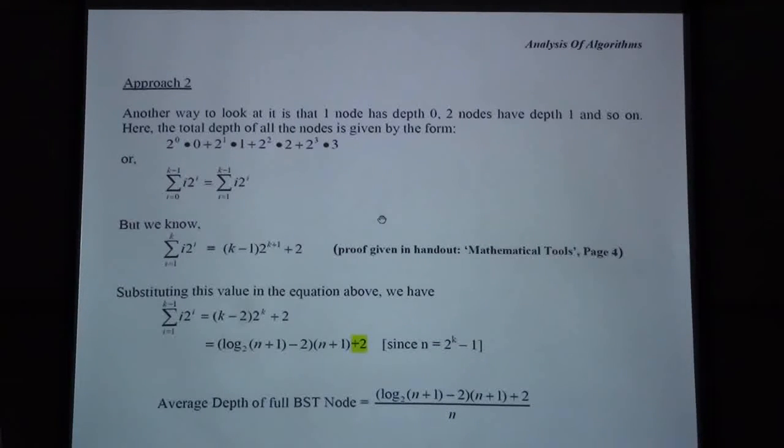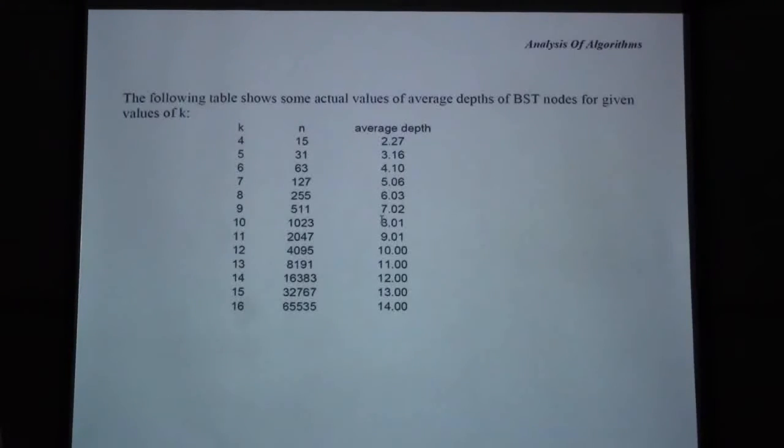All right. How are we doing on time? Getting there? Doing good? Okay. So here you can see a little table that shows as k, the height of a tree, is increasing, the number of nodes, see there are 15, 31, is getting bigger and bigger, and you can see the average depth. Look at that. 16, 14, 15, 13, 14, 12, 11, 9.1.